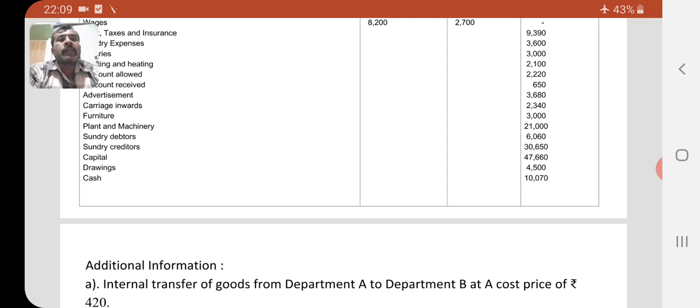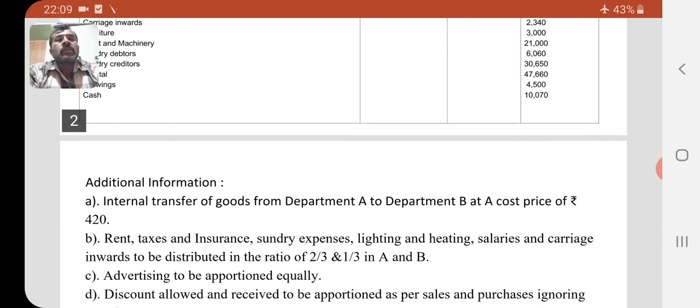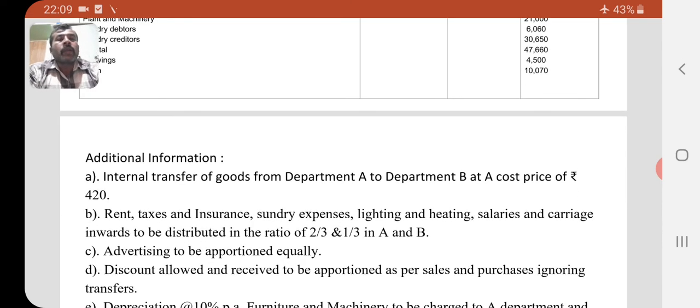Along with that, there is additional information. First, internal transfer of goods from Department A to Department B at a cost price of rupees 420.